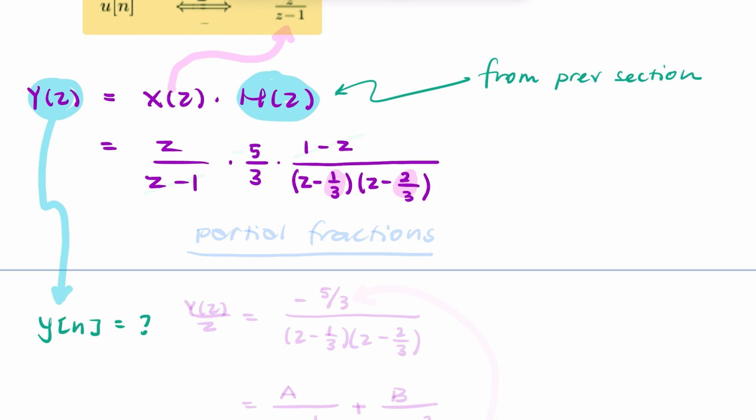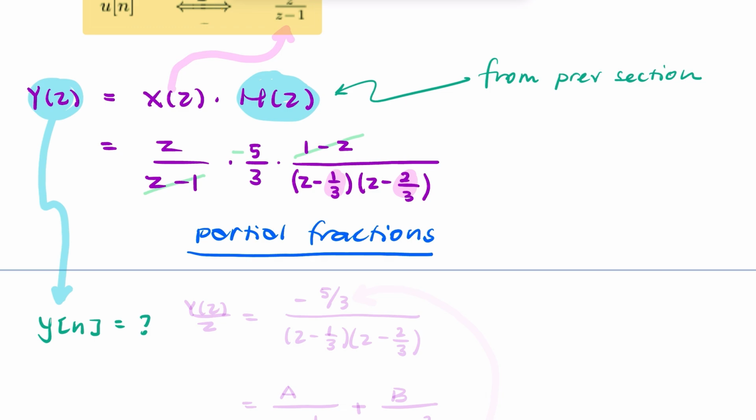That's probably going to involve partial fractions. So let's see if we can simplify this at all. It looks like, if you look carefully, we can cancel that with that if we introduce a negative sign. So that makes life a little bit easier.